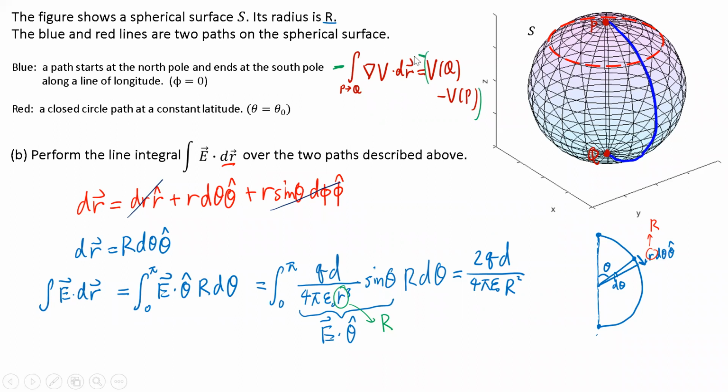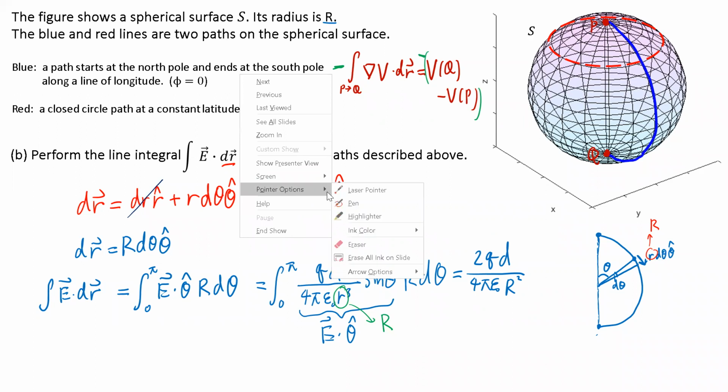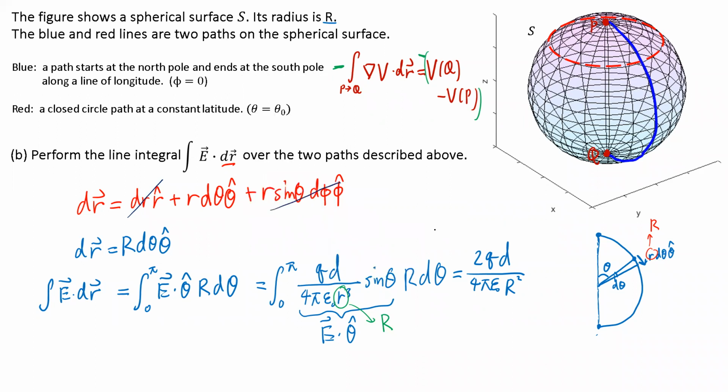So that means this integral is equal to the value of V at point P minus the value of V at point Q.